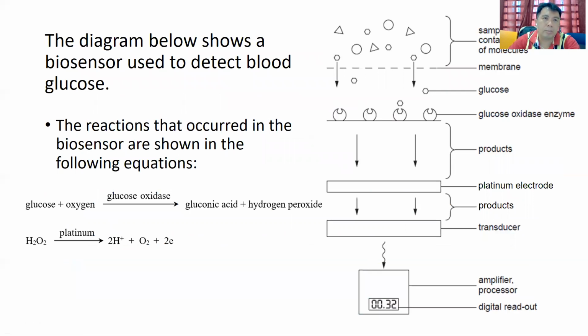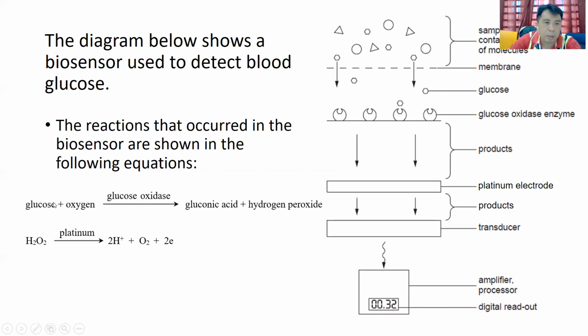All right, next question. The diagram below shows a biosensor used to detect blood glucose. Similar to before, there is a partially permeable membrane, then immobilized glucose oxidase, then the platinum electrode here, and then the transducer, amplifier, processor, and digital readout.